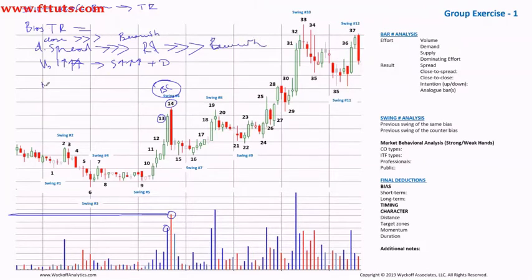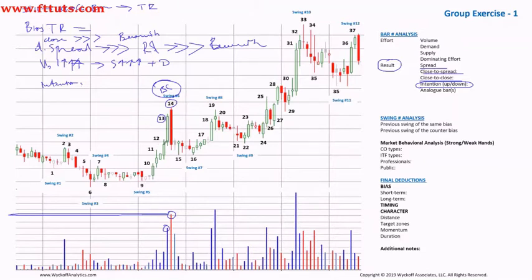And then what about the intention? We talk about the result, we talk about the spread, the close, and then we talk about the intention. The intention was to do what, by the way? Looks like the intention was to go lower than the close on bar 12, which it failed.